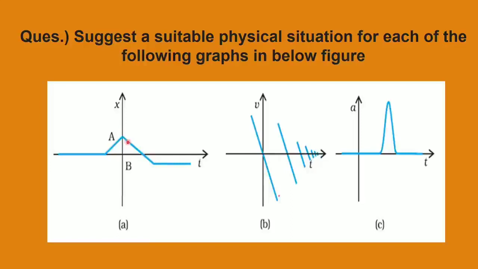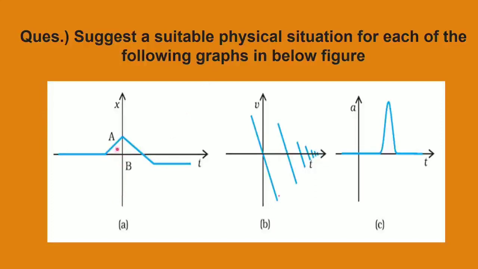This is when I am taking the time axis. At the origin, time is 0 and position is also 0. When I go to the left, time is negative, and when I go to the right, time is positive. When I am going on the upper side, position is positive, and when I am going below, position is negative.